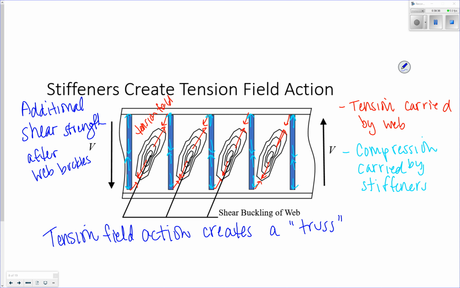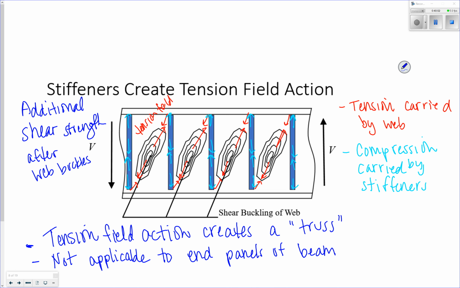This phenomenon does not occur at an end panel of a beam, because then all of the shear would just be going straight into the support if it were buckled.